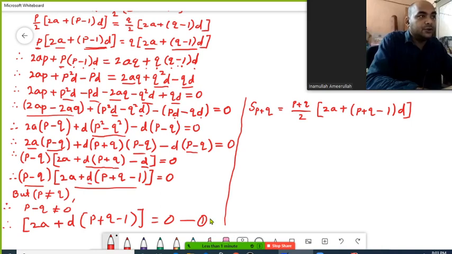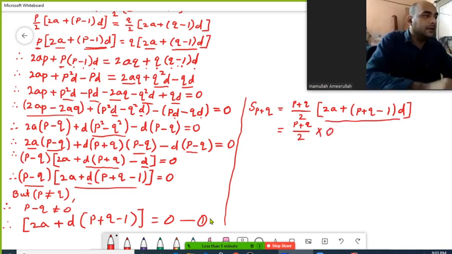Okay. So this is p plus q by 2, p plus q by 2. And this whole part can be considered as 0 into 0. Look at this. 2a plus d into bracket p plus q minus 1 is equal to 0.